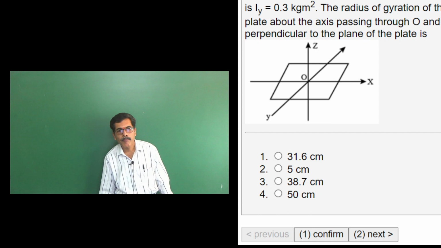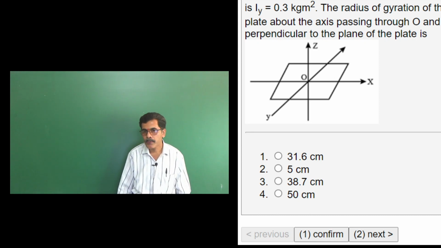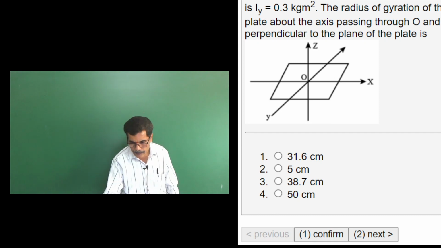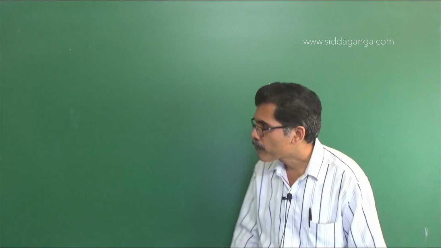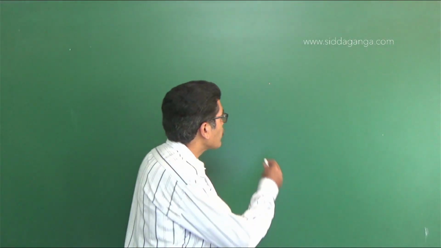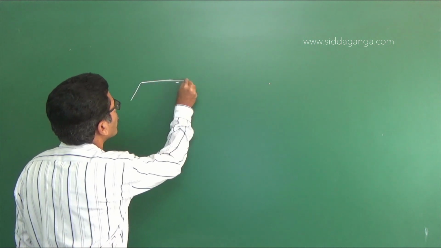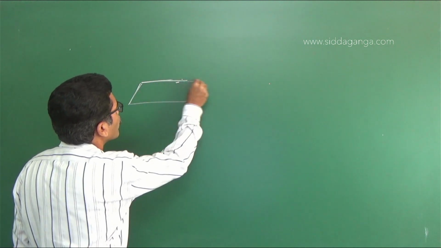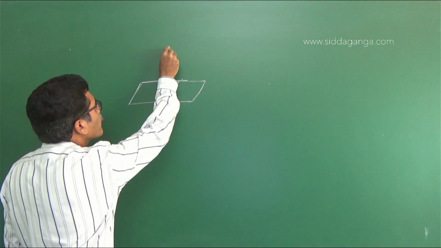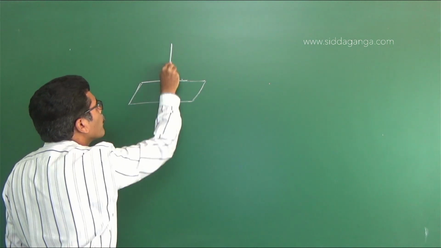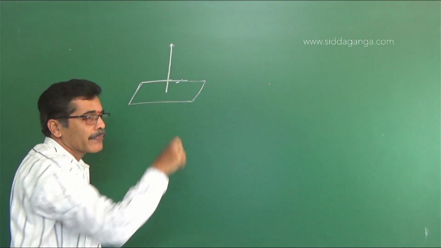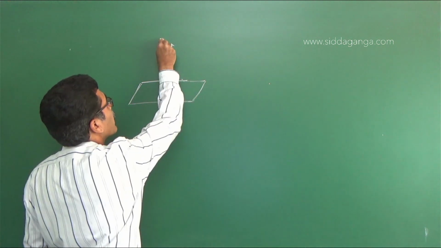Well, this can be solved by making use of the perpendicular axis theorem. See here, the plate is given. You have to find the moment of inertia about the perpendicular axis, the z axis.